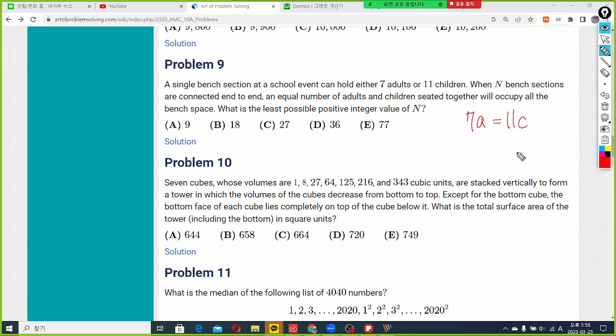You're right. LCM of 7 and 11 is 77. So that means there are 77 adults and 77 children.